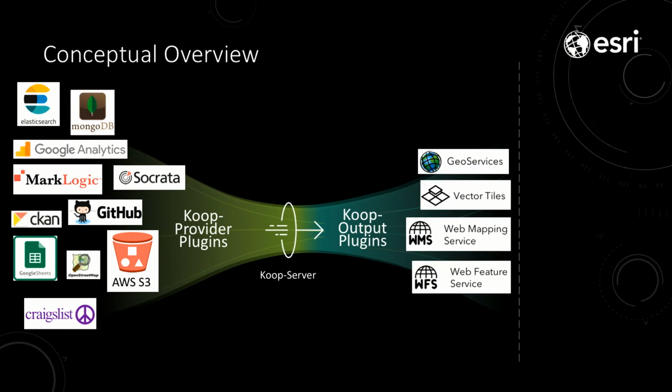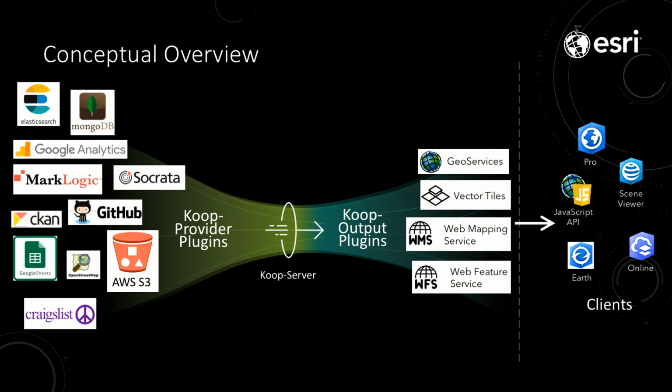The output plugins are things like the GeoServices, maybe vector tiles or web mapping service or WFS. So the data is coming from these remote APIs, and it's getting transformed into these outputs. And because of the GeoServices API plugin in particular, we can load up this data into these ArcGIS clients. All of these clients know how to work with the ArcGIS Feature Server API, and as a result, they can work with Koop.